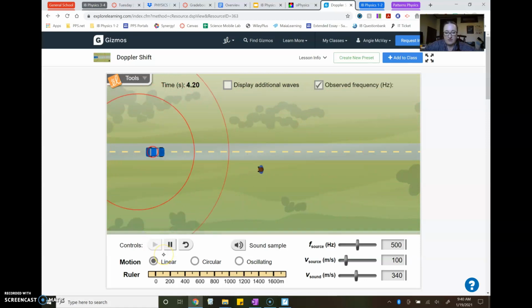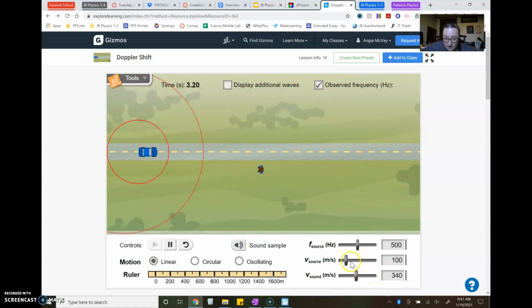Okay, and that's actually because the car is moving in the direction of the sound waves. As it's releasing a sound wave, it's moving towards the wavefront that it just released and moving away from the other end.